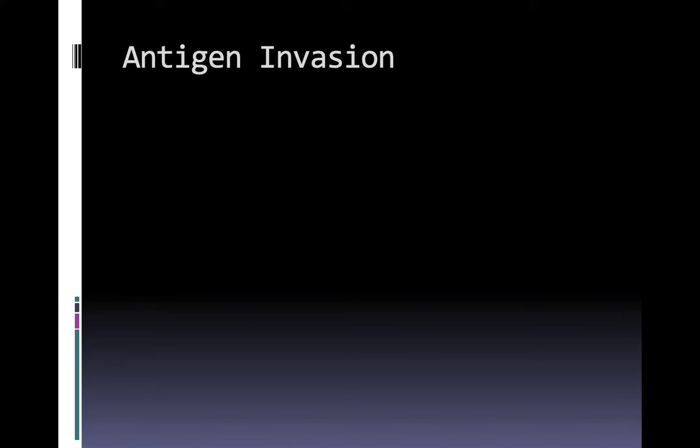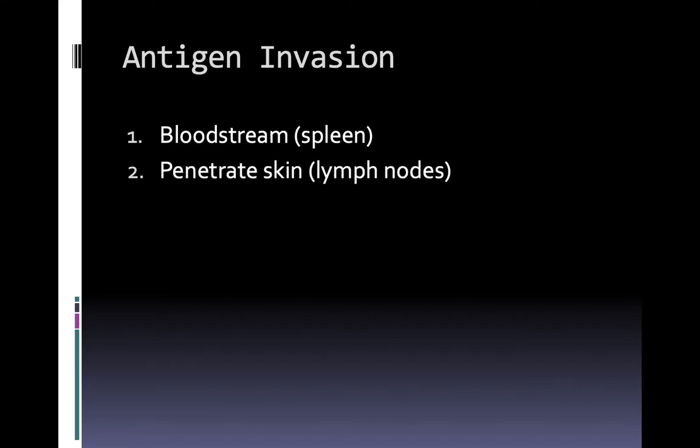How do these things invade? So some things get in through our bloodstream, like a lot of bacteria can get in through cuts, like hepatitis can get in through our bloodstream, like HIV can get in through our bloodstream. When they do, the spleen is oftentimes the battlefield where we will fight off that antigen. Some things can penetrate through our skin. So this could be bacteria also. This could be viruses.